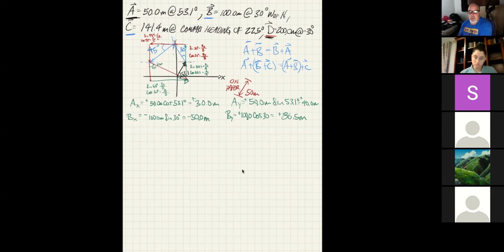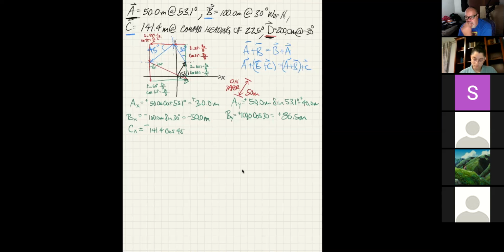Okay. Now I'm going to do C sub x. And we see that C had a negative x and a negative y component. So I'm going to say negative 141.4, and according to this, C sub x is given by the cosine of 45, which is, of course, 1 over the square root of 2.